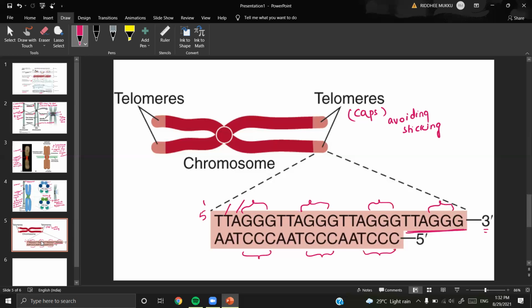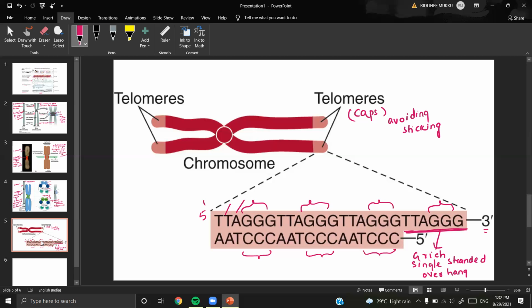We are going to call this a G-rich single-stranded overhang because this is extending and hanging above the complementary C strand, right?